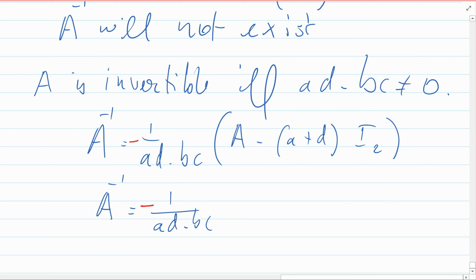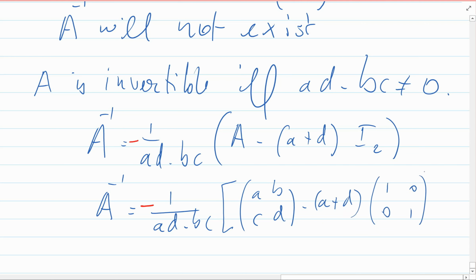Okay, so then we have what? We have [A, B; C, D] minus (A plus D, the trace) times [1, 0; 0, 1].